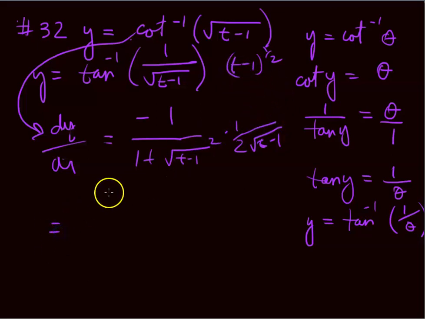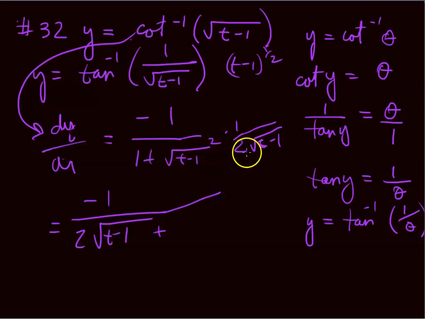Okay, this is negative 1 over, we're going to multiply this by 2, so I'm going to get a 2 square root of t minus 1, that's times the 1 there, plus a 2 times the t minus 1, I'm sorry, this is squared, golly.